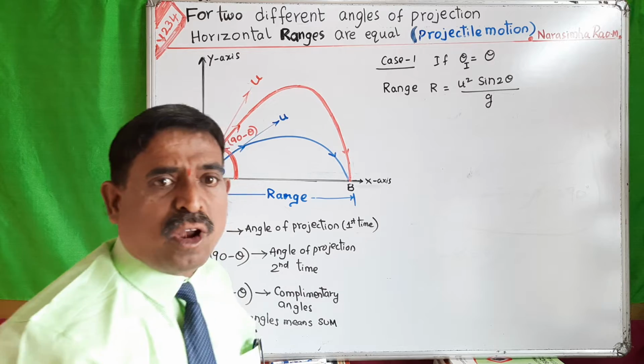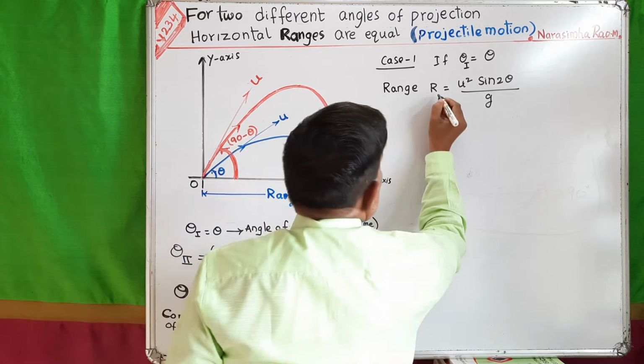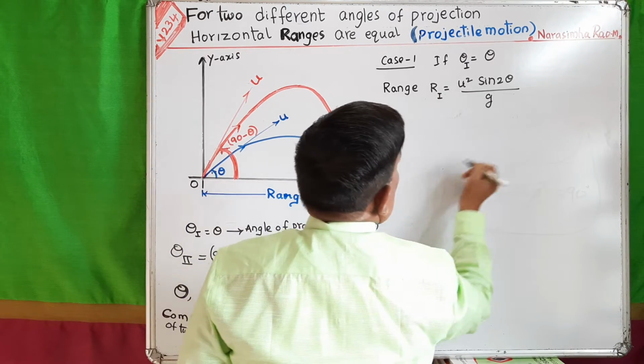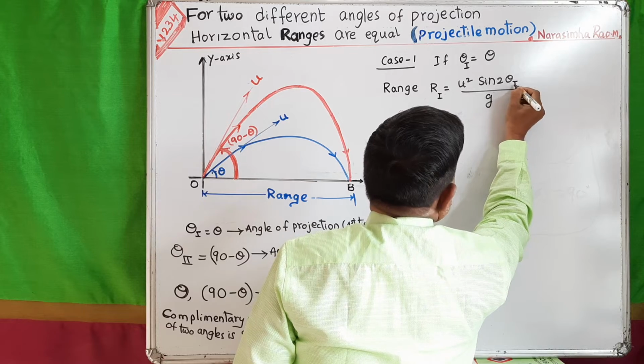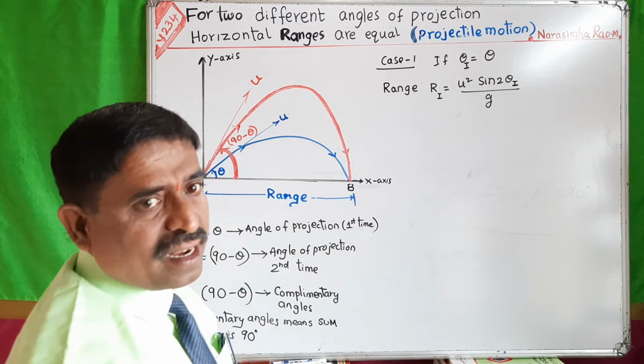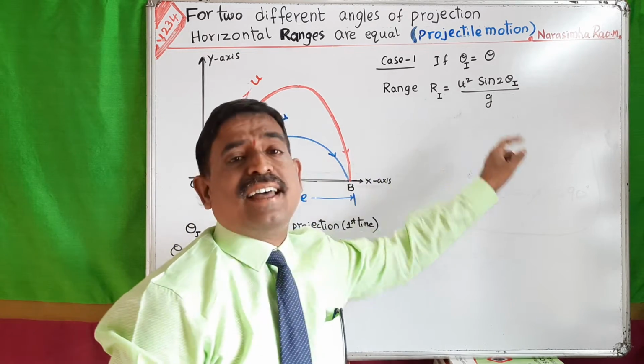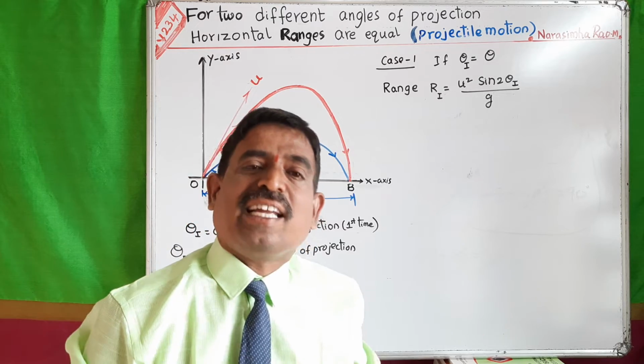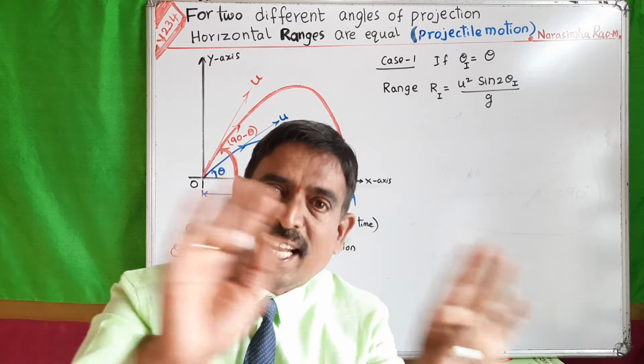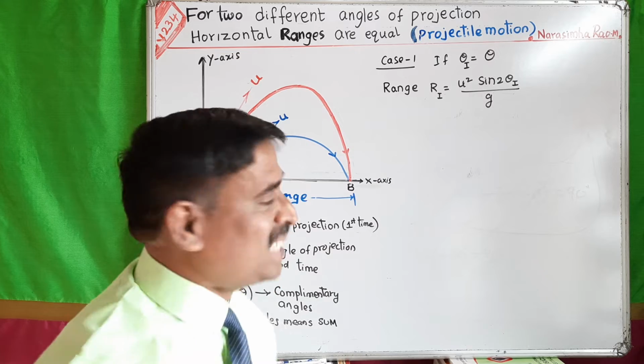It is the formula. First time range I am taking as R1, first time angle I am taking as theta 1. g represents the acceleration due to gravity at a particular place. Acceleration due to gravity does not change.